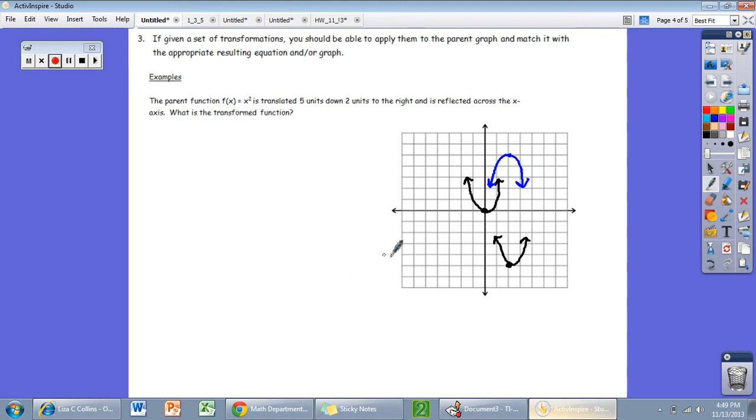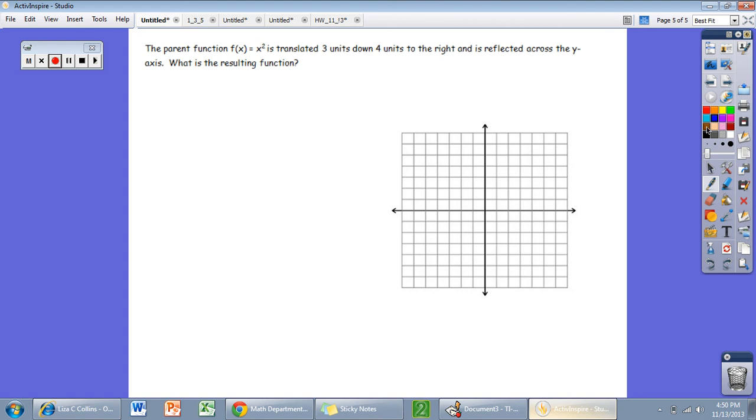I use that to be able to move from here to here, then reflect it across the x-axis to go here. I'm saying to myself, I know I'm facing down, so I know it's going to start like that, and now my vertex of this is 2, 5. So it's x minus 2 plus 5. In a multiple choice problem, you'd be matching that with the graph or matching that with the equation, but it's really helpful to be able to draw in the graph and physically move it yourself.